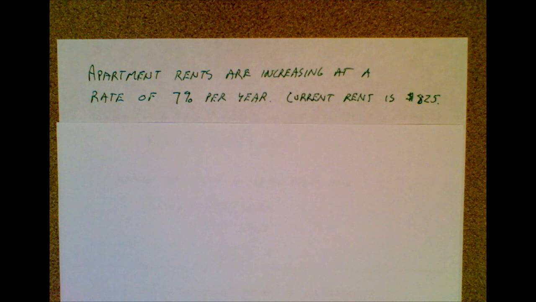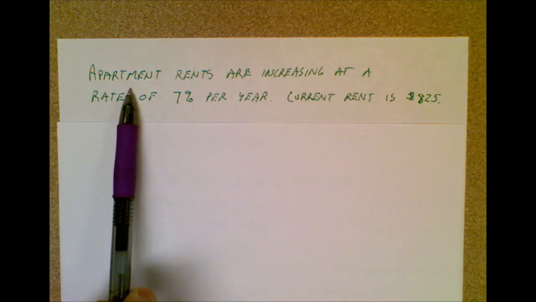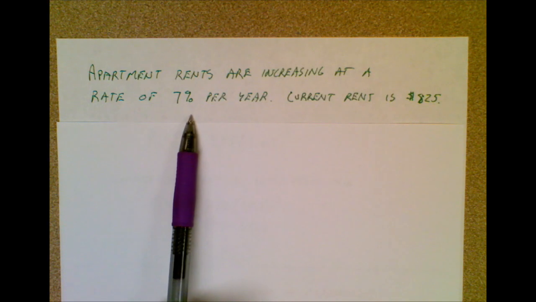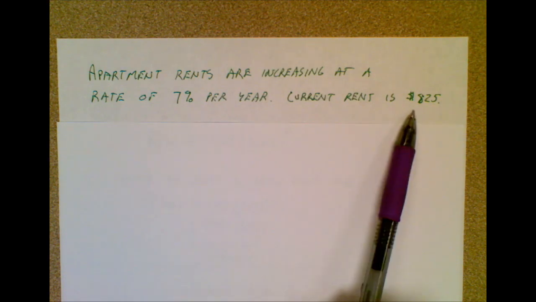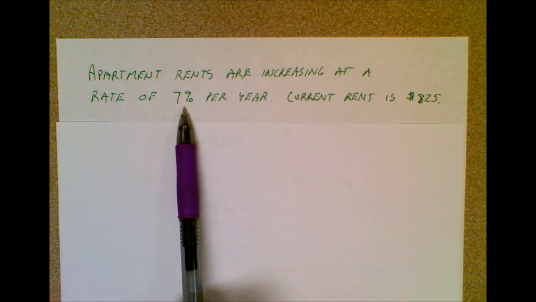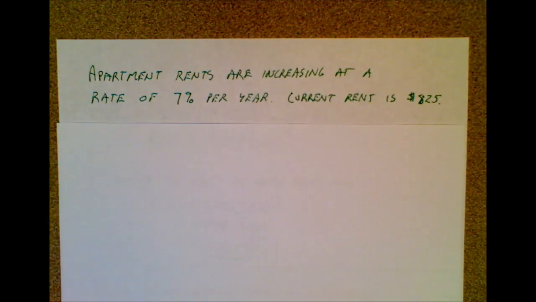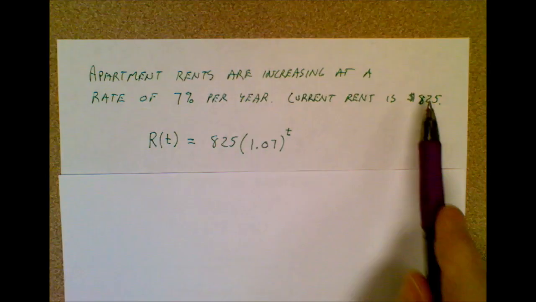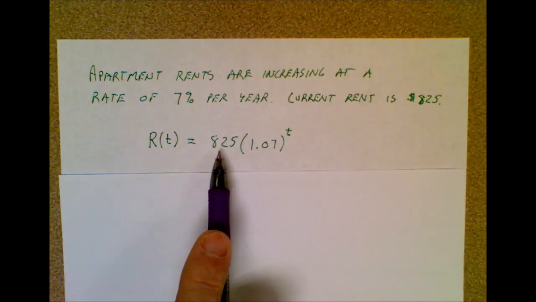Here we have an example of how exponential growth and decay would show up in real-world situations. Apartment rents are increasing at 7% per year, and we're currently paying $825 in rent. Anytime something is growing or decreasing by a percent, you have exponential growth or decay. So I know my original amount, that's my y-intercept.